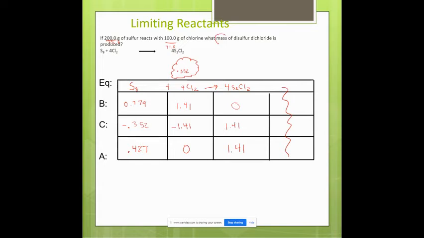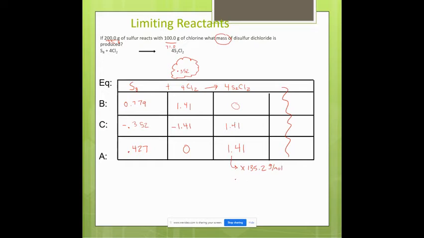All right, so these are mole values. They did want to know the mass of this disulfur dichloride. So we're going to take this value out as the moles, and we're going to multiply that by its molar mass. The molar mass of that ends up being 135.2 grams per mole, off the periodic table.